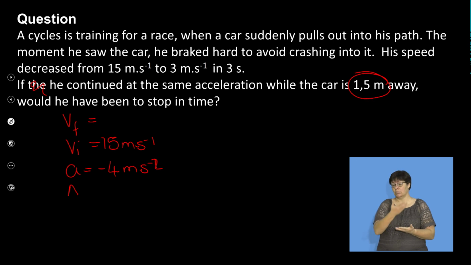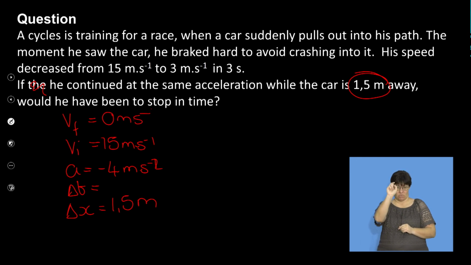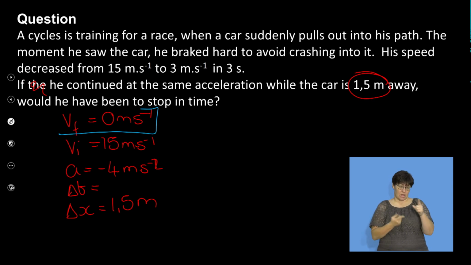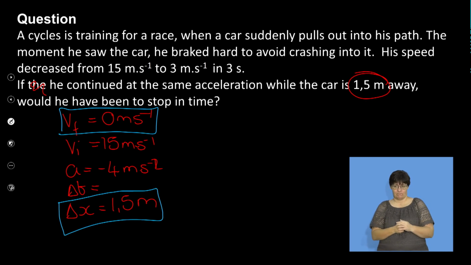We don't know how long it takes him to stop, but they do tell you that he needs to go a distance of 1.5, and if he stops, he needs to be at 0. So either I've got to show this value, or I've got to show this value. And it's easier to find his stopping distance.